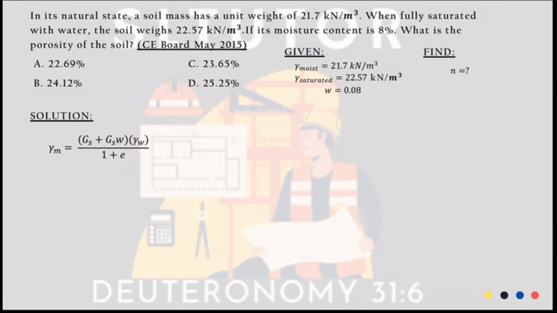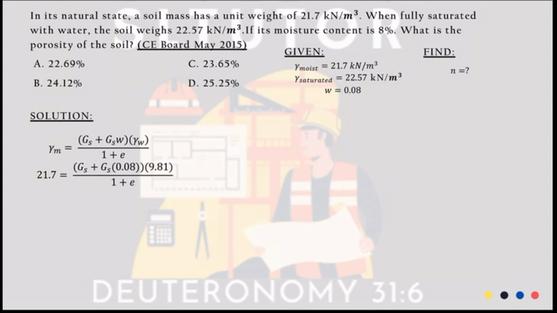So substituting the values, we can get this equation. Now, we will manipulate the equation by ililipat po natin itong 1 plus E to the left side, tapos i-distribute po natin yung GS to 9.81. Ito rin po, itatimes po natin yung 8% to 9.81.